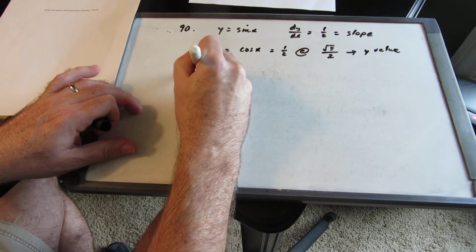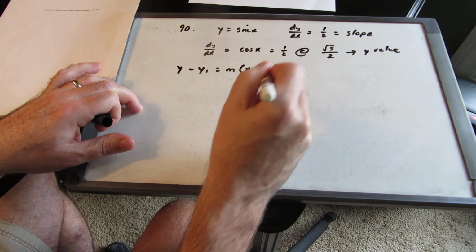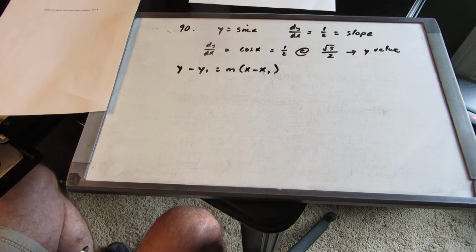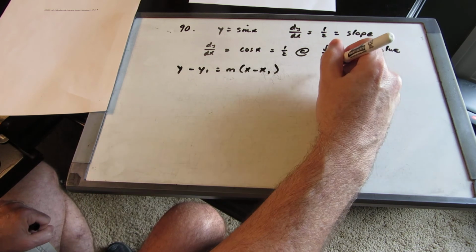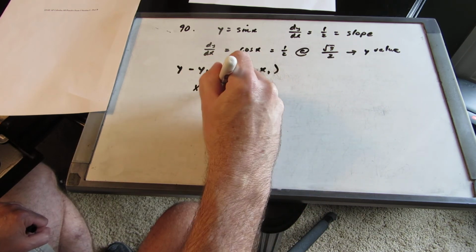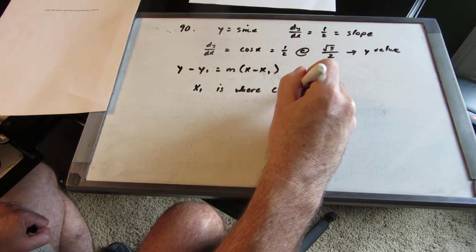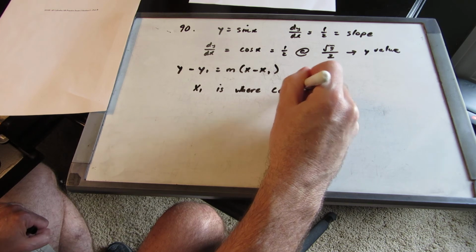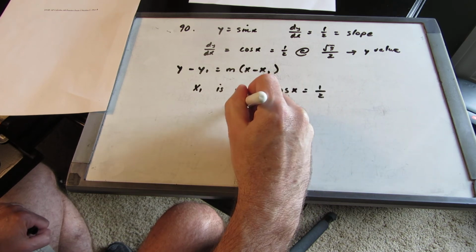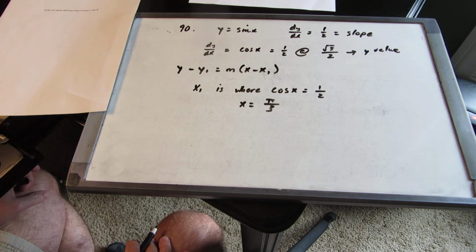If we have the form y minus y1 is equal to the slope times x minus x1, we also need x1. x1 is where cosine of x is equal to 1/2, so x is going to be pi over 3.